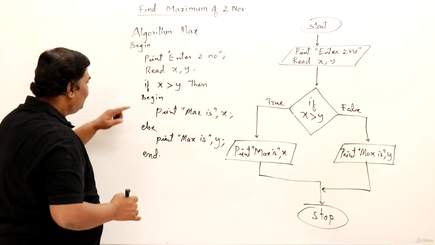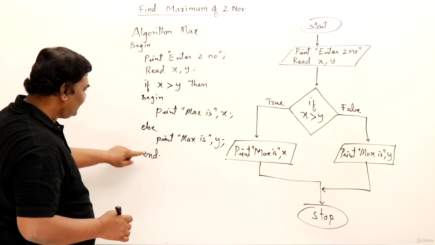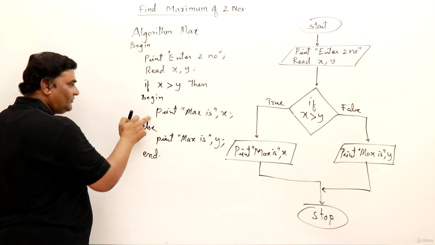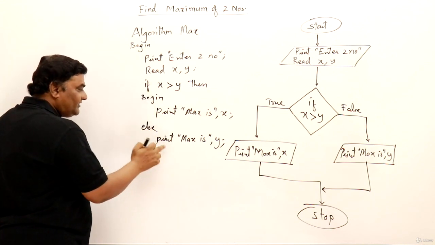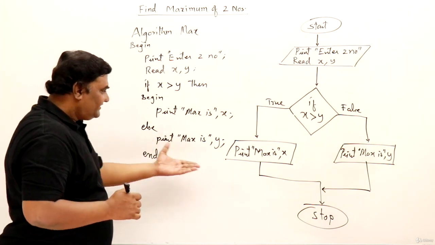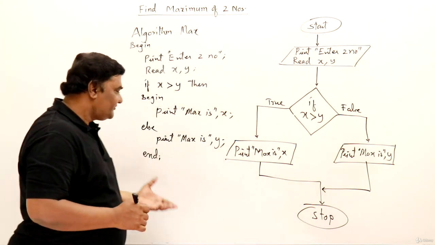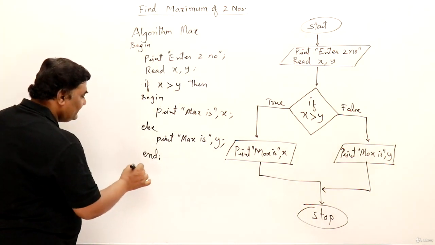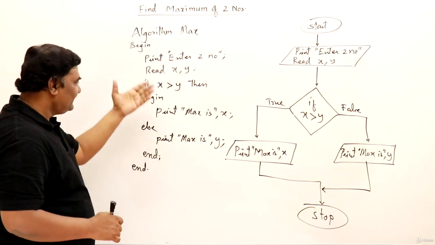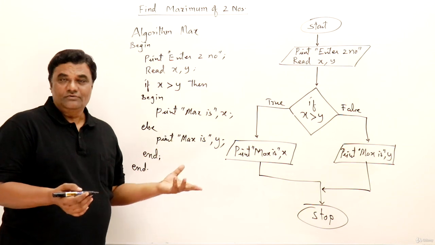So from here if has started and if has ended here. So inside that only else is also there. So whatever is there before else, that comes under if. After else, this belongs to the else part, right? Then after this there is nothing, end of a program. So simply write end here, that begin and ends here. So this is an algorithm written using pseudocode.